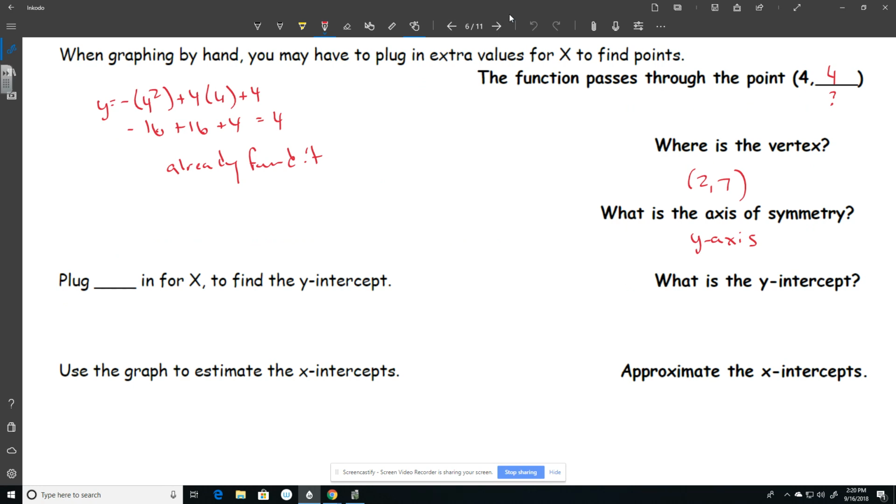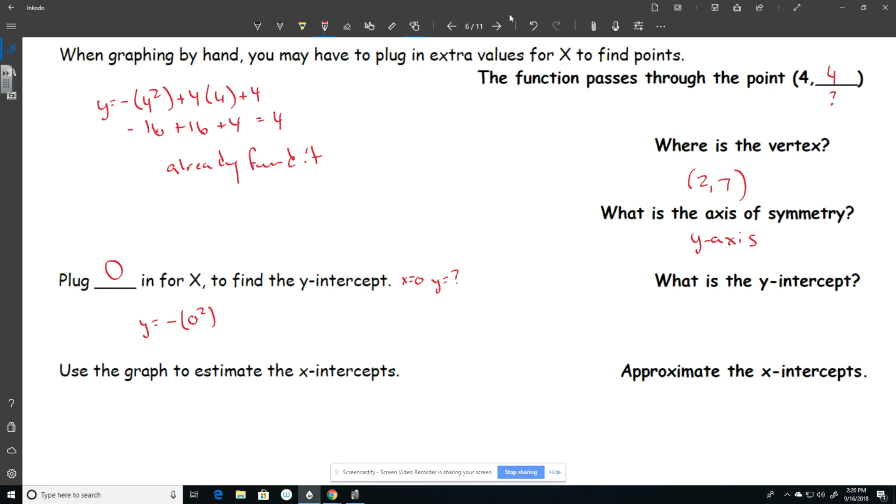Next step here, it wants us to find the y-intercept. What is the y-intercept? So instead of just being able to use the table, we have to plug in 0 for x. Remember, the y-intercept means that x equals 0, and we're looking for what y equals. So I plug in x equals 0. So y is equal to negative 0 squared.